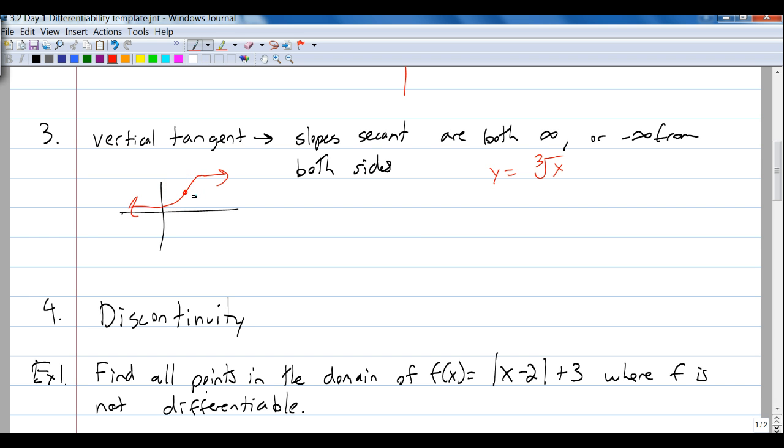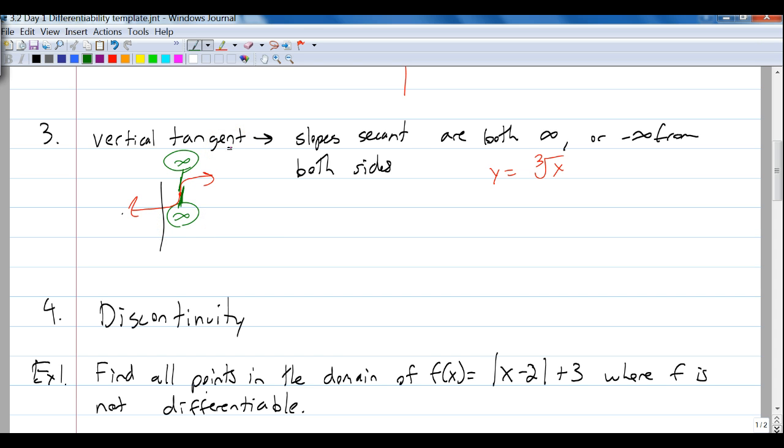Let me make that a little bit better. Something like that. At this point here, there's going to be a vertical tangent, so we cannot take the derivative at that spot. Notice how on this graph, as you're approaching it, we have a very positive infinity slope, and from the left, we still have a very positive infinity slope. Because these are both the same, that's what gives you a vertical tangent.